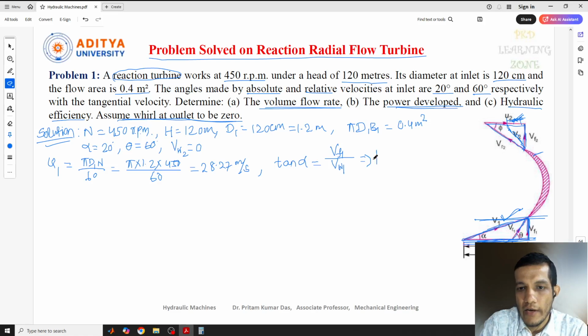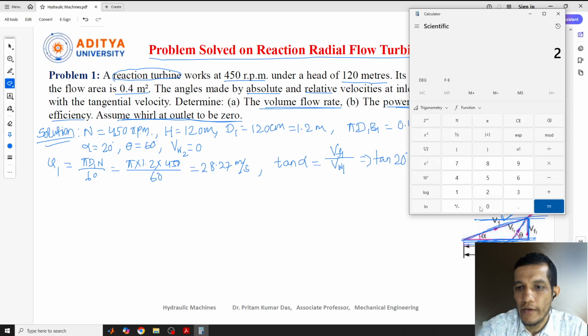I know the alpha value, that is 20 degree, so tan 20 equals VF1 by VW1. These values are not given, but I need them for future calculation, that's why I'm writing directly here. And again, VF1 I can calculate.